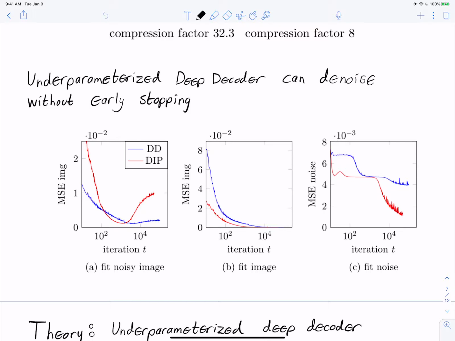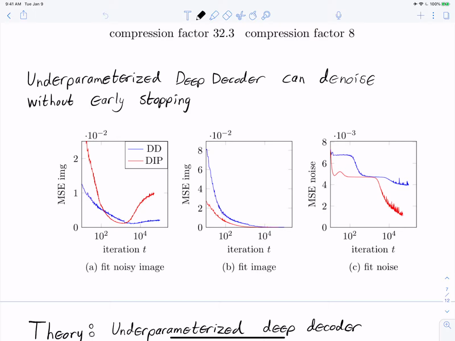With the underparameterized deep decoder, another neat thing about it is that it can denoise images without early stopping. So what's shown here is a series of plots for using the deep decoder and the deep image prior to fit a noisy image, an image that isn't noisy, and then an image consisting just of pure noise with no signal.